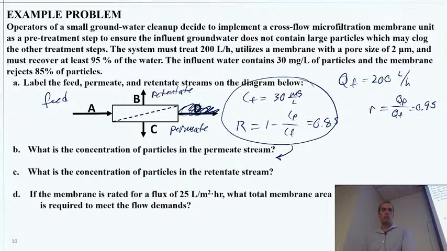What is the concentration in the retentate stream? We don't have anything directly, so we just need to do a mass balance, right? Conservation of mass. We know that what's going in is equal to what's going out, right? We should be at a steady state, so we could write it up like that with no reaction. 0 equals Q in minus Q out plus no reaction. So that's just a matter of 1 Q in and 2 Q outs.